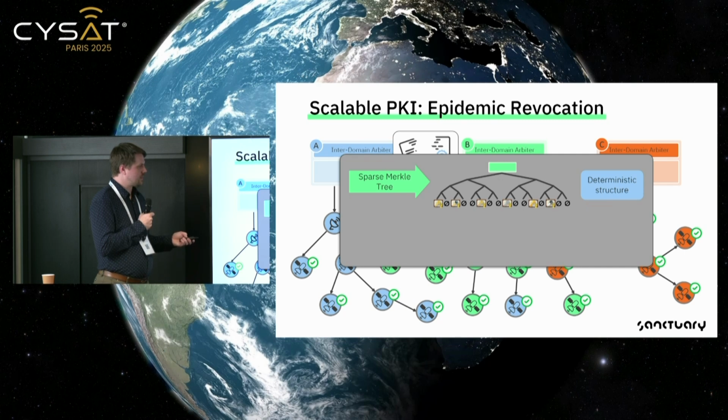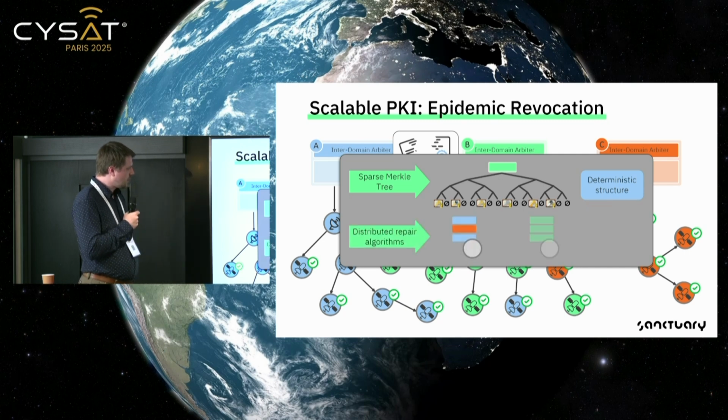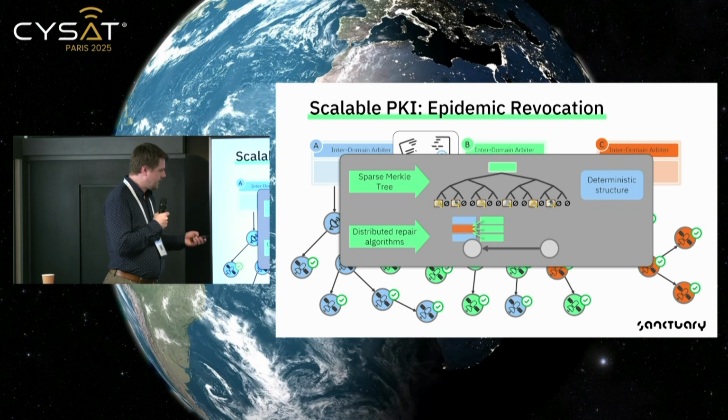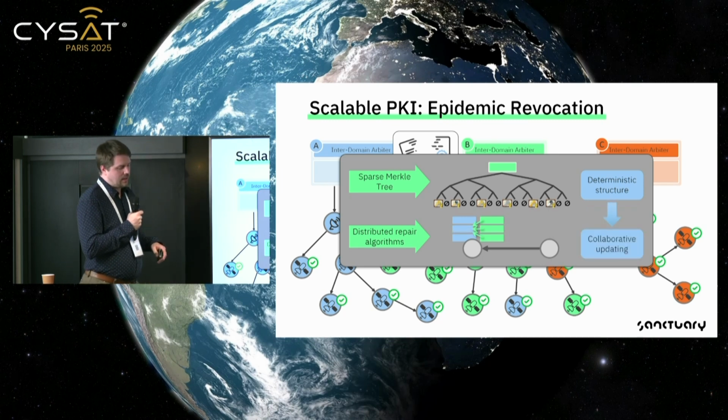And the important part is it's a deterministic structure, which means that nodes that meet each other can help each other in updating what is called a proof of inclusion, because every node needs to have an individual proof of inclusion to prove to others they are not revoked.